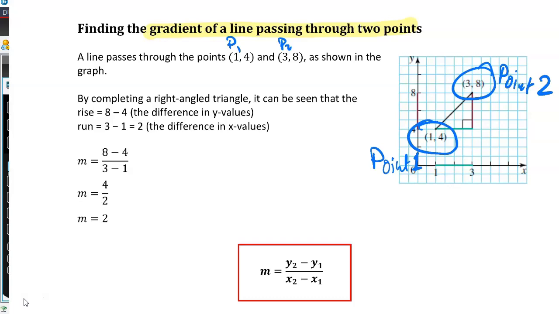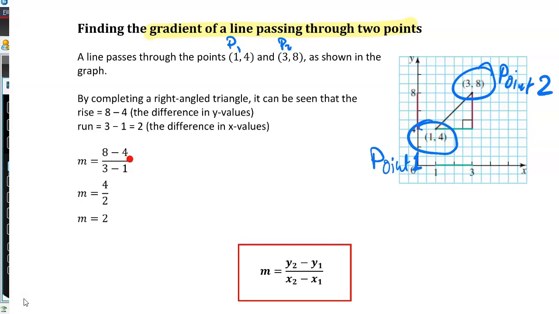Okay, so then I think about, all right, I want to figure out what this rise is and what this run is. How do I figure that out? I need to know how much it's gone up. So I need to know the difference between the y value in point 2 and the y value in point 1.